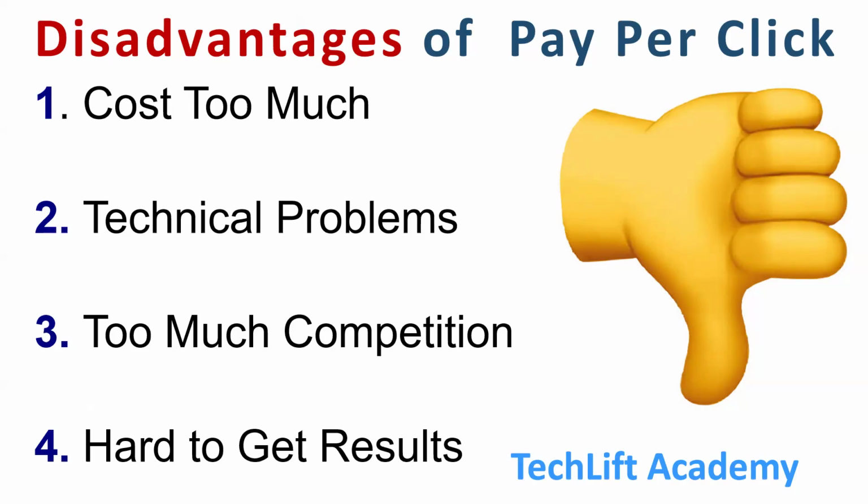Can you use pay-per-click or not? So it comes with a cost, and at some point it's too much. Let's say you're selling something that is not of great value in terms of revenue, and you put in a lot of money.